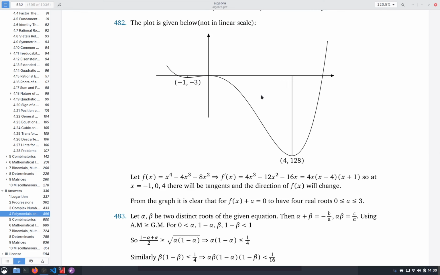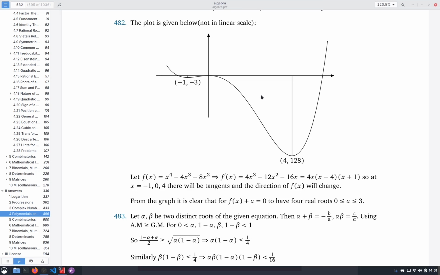Because when you plot a function and you can't see a root, that is, the curve is not cutting the x-axis, then the equation has complex roots. I'll give you an example. Suppose we have a quadratic equation whose two roots are 1 plus i and 1 minus i.